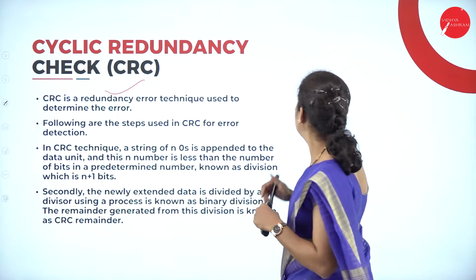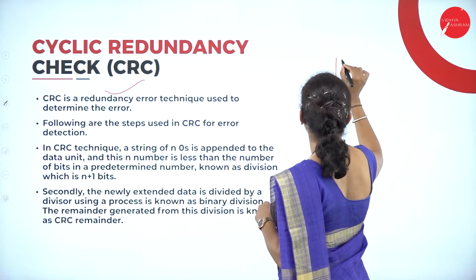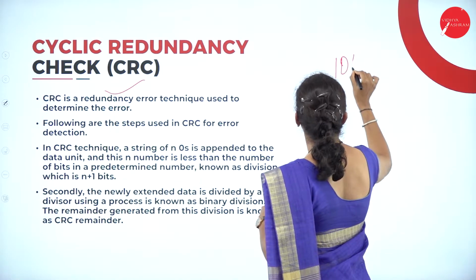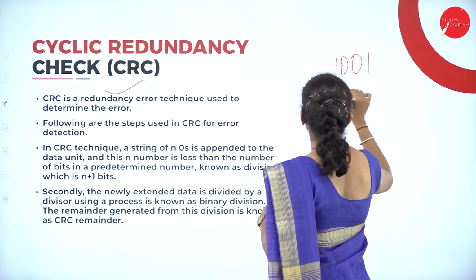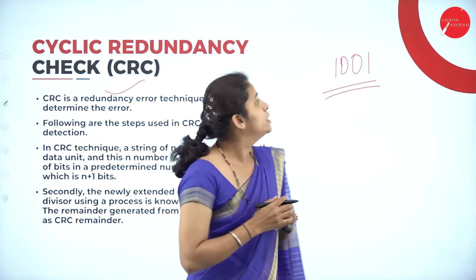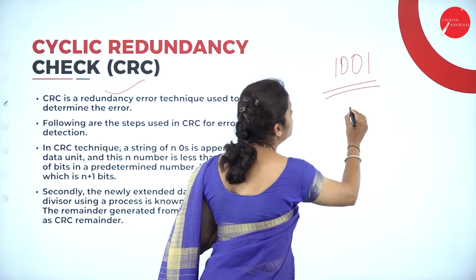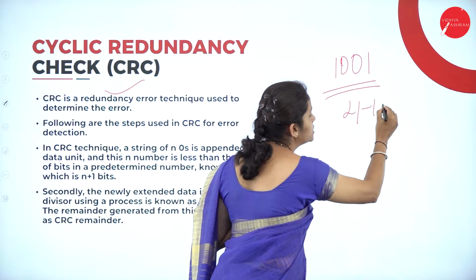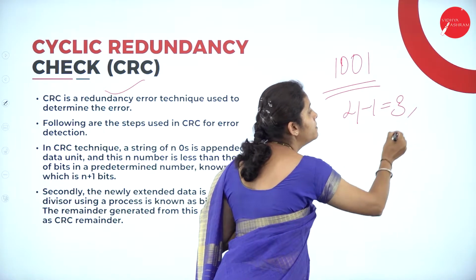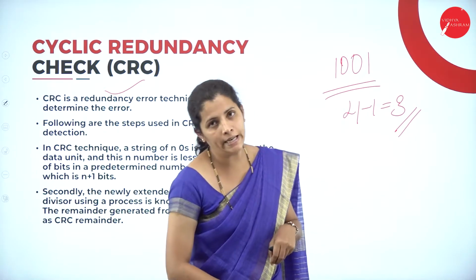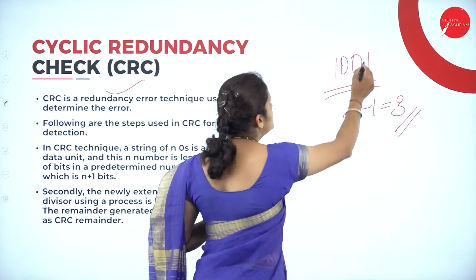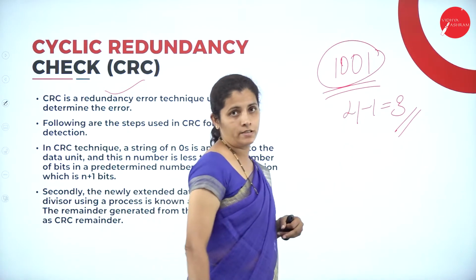Consider the example. Suppose you have 1001 as your divisor. How many bits are there here? Here it is 4. So you want to add 4 minus 1, that is 3 bits, to your actual data. So here this is your divisor.